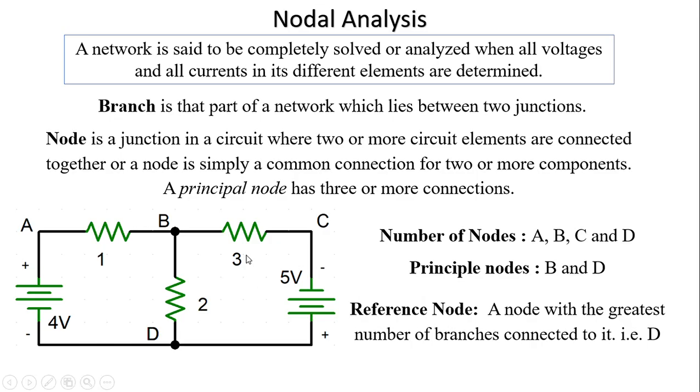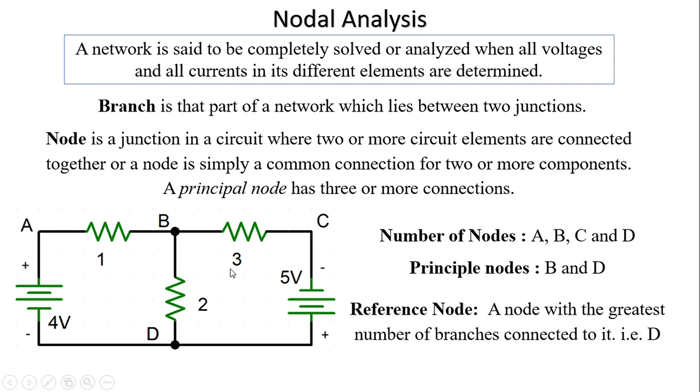Now, among these principal nodes, we consider one node as the reference node, and we assume that the voltage drop at that particular node is 0, and we assume the voltage drops at the remaining principal nodes with respect to this. Okay, so a principal node has three or more connections.